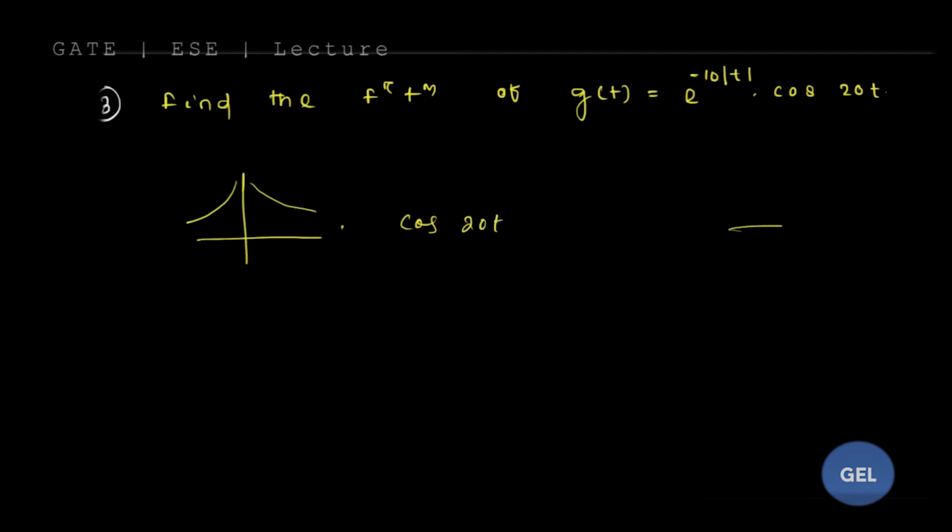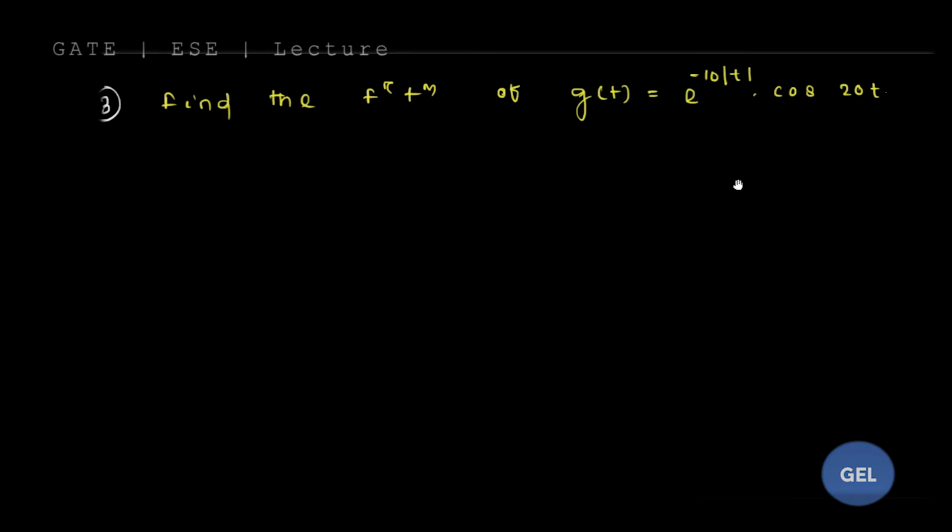Sir, it will give two values, one at this point and another at this point. Yes, I know that. I need to find the mathematical format, how we should calculate quickly for the GATE exam. That we are going to discuss here.